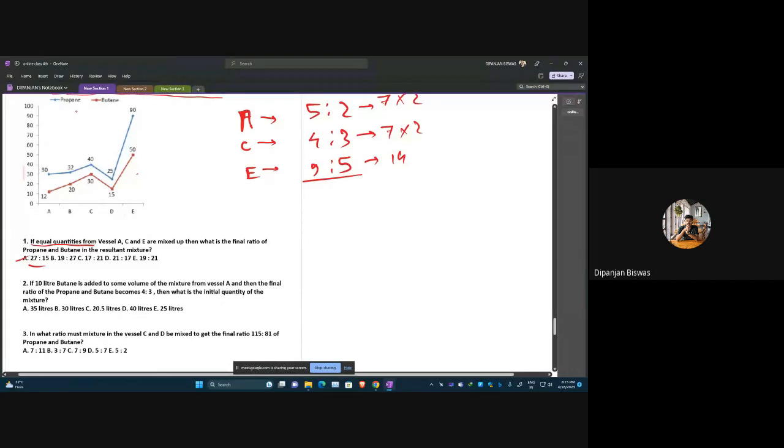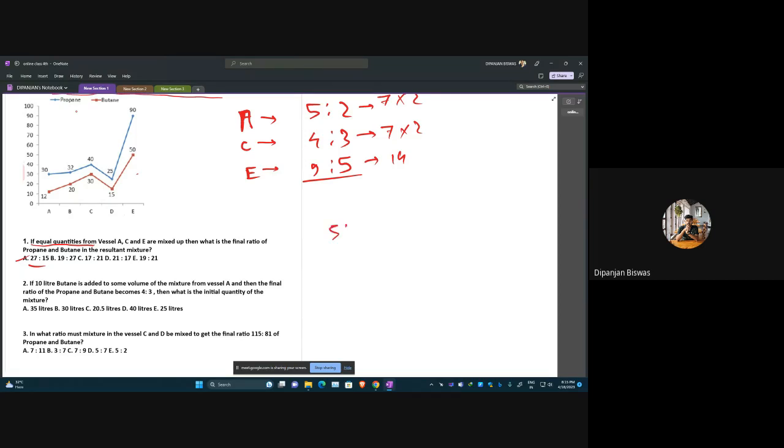In question number 2, if 10 liter butane is added to some volume of mixture from vessel A, and then the final ratio of propane and butane becomes 4 is to 3, then what is the initial quantity of the mixture? In vessel A, propane is to butane is 5 is to 2.